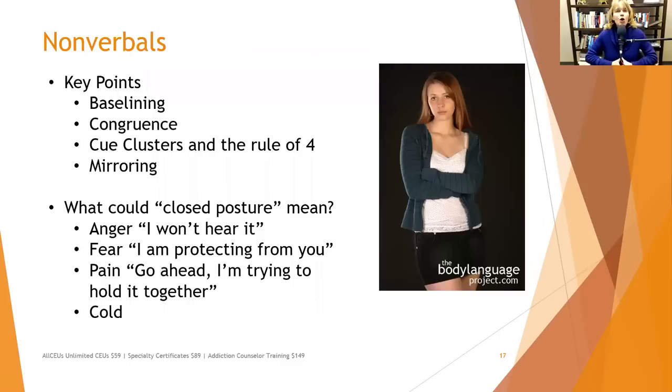So you need to know what a person normally does, how fast their eyelids blink. Some people, when they're talking to someone of the opposite sex, for example, their eyelids blink more frequently because they're excited. So that doesn't necessarily mean that they're being disingenuous or manipulative. So get a baseline on what that person's normal body posture is.